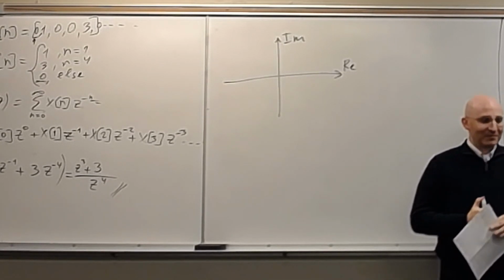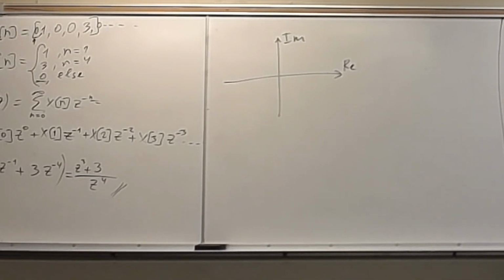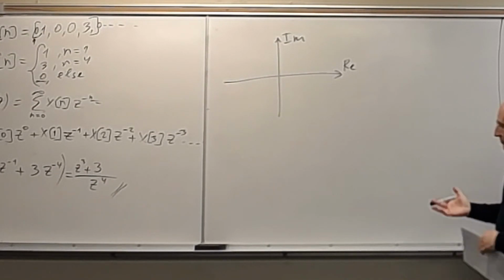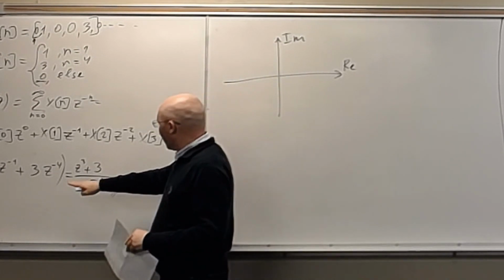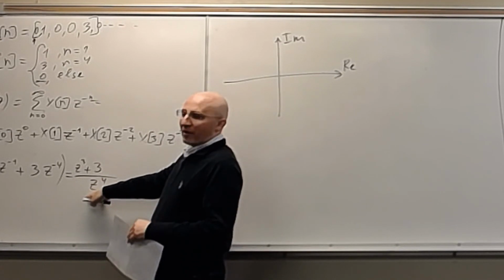Can I draw a triangle? Kind of, yeah. Close. Anybody has a more precise answer how to get there? So again, the question is to find, first of all, the roots of the denominator.